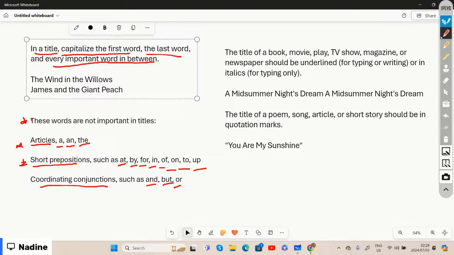And then we have the title of a poem, right? Titles of poems or songs, articles, and short stories should be in quotation marks.